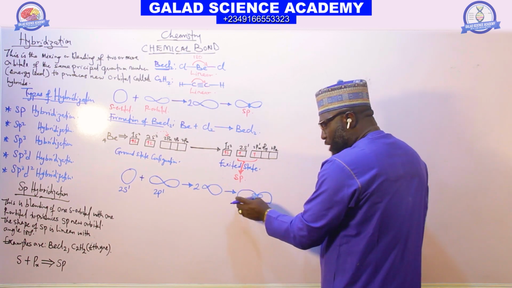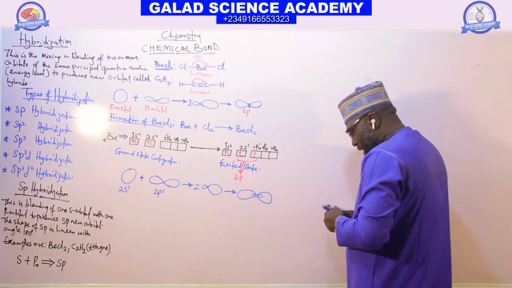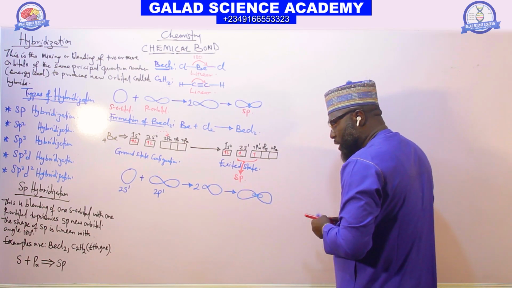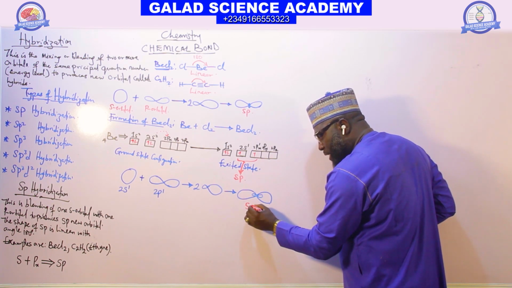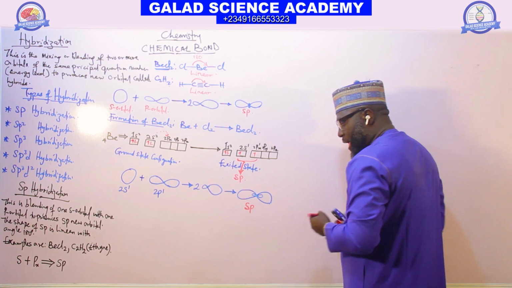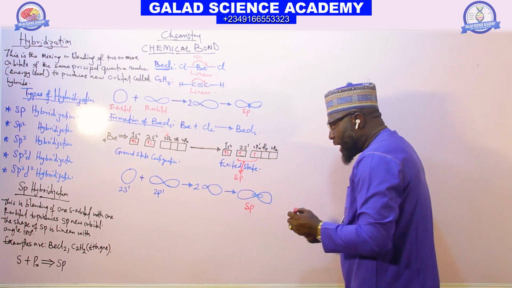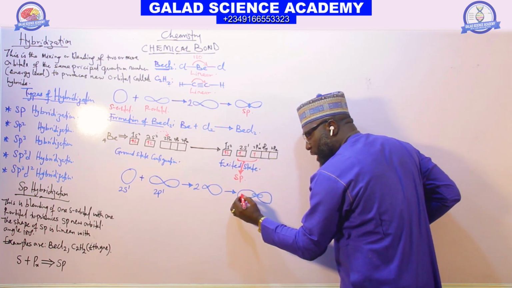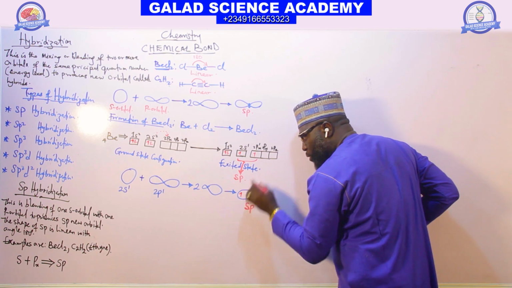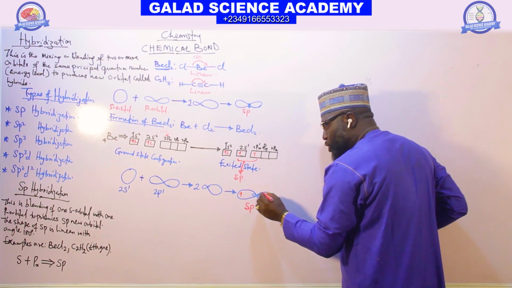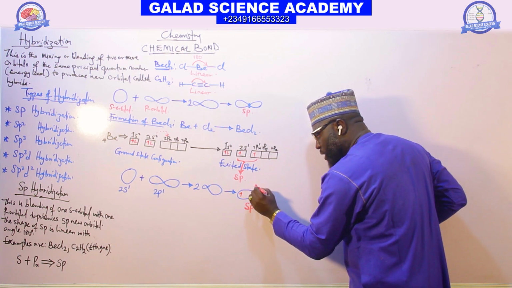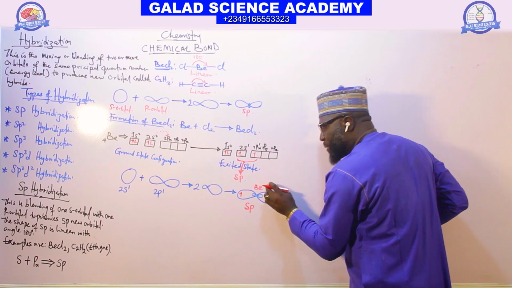And this structure that we have here now is what we call sp orbital. In this orbital, we have one electron here. The one here is spin up. The other one will also be spin up here. This is what we call the hybridization of beryllium.